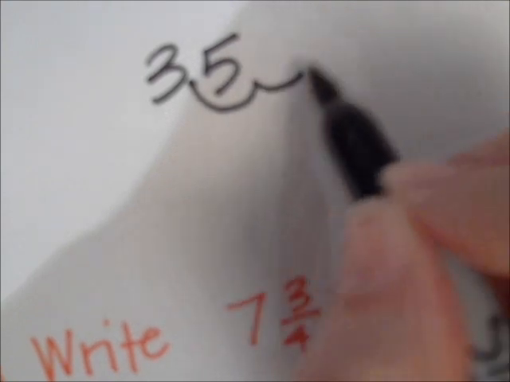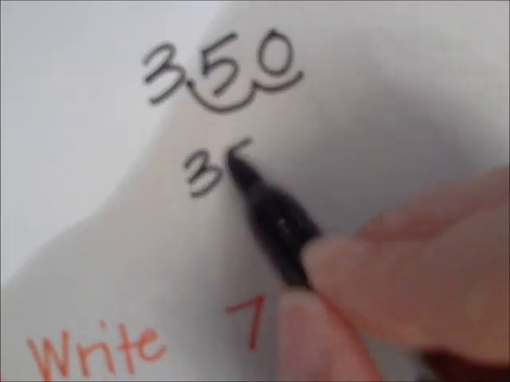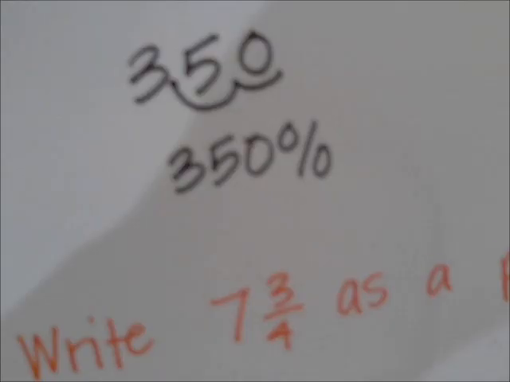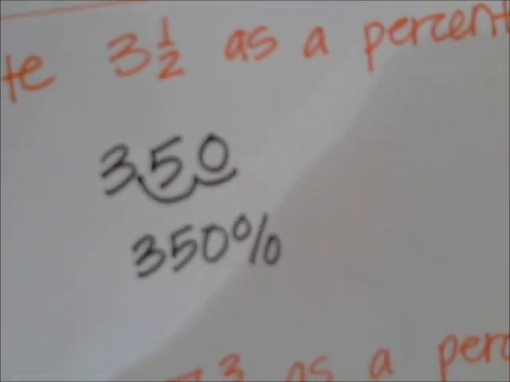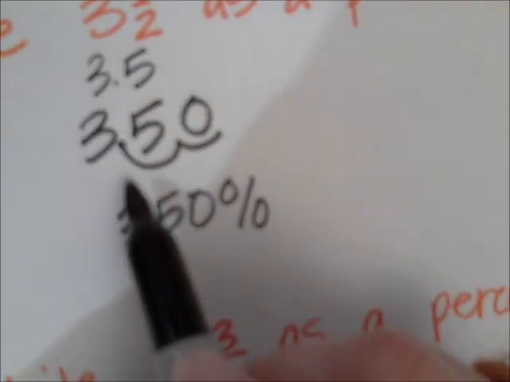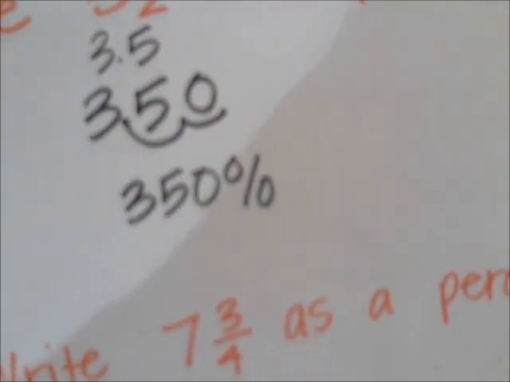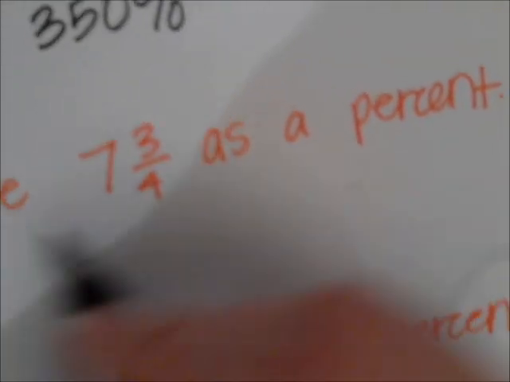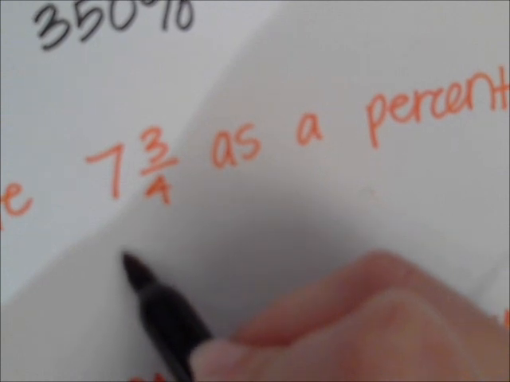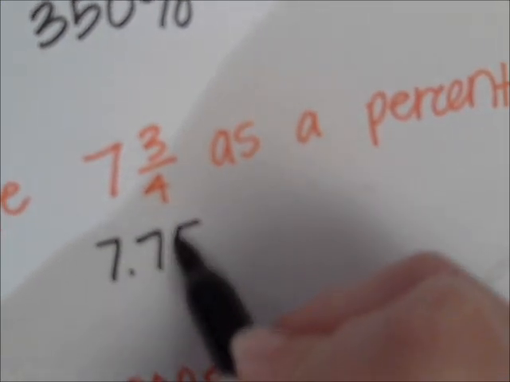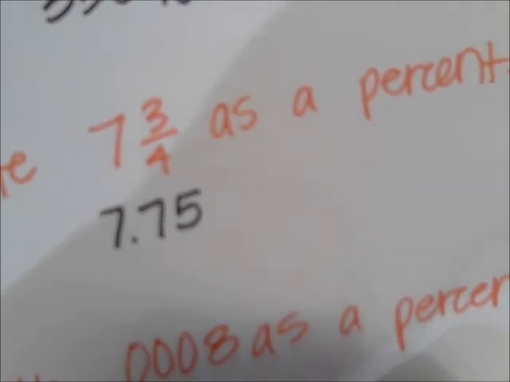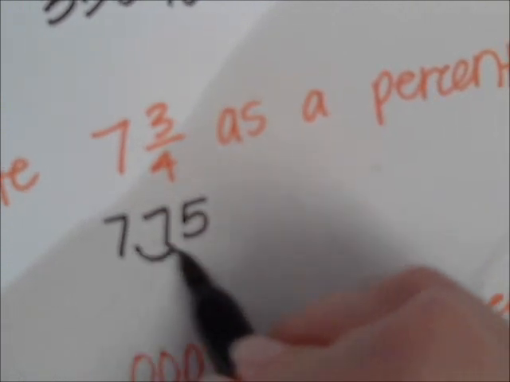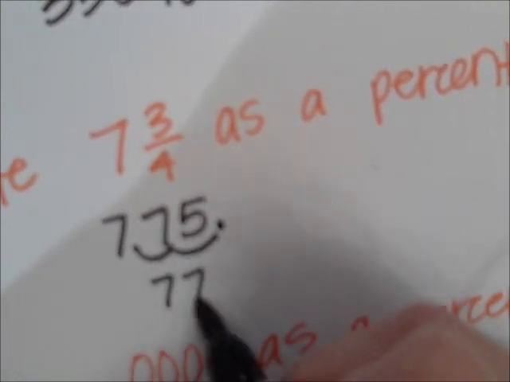So 1, 2, 350%. Now, if I want to write 7 3/4 as a percent, I can make it 7.75, and then I move my decimal 2 times to the right, 775%.